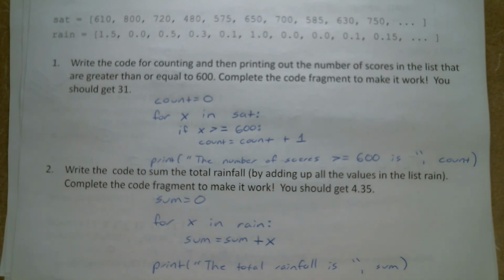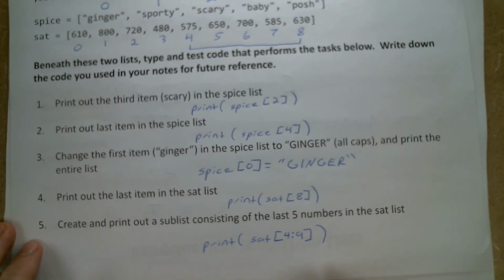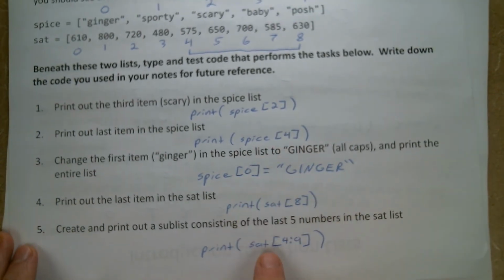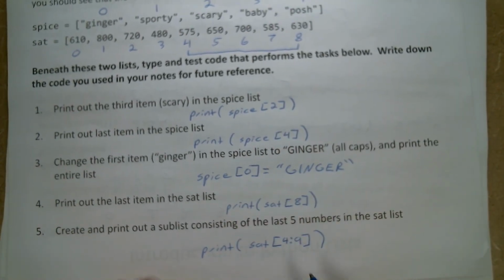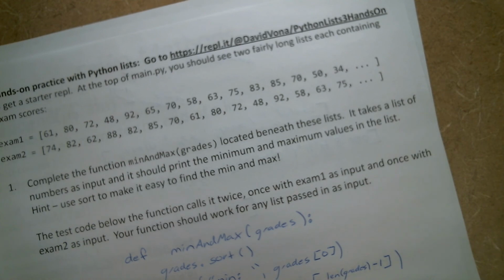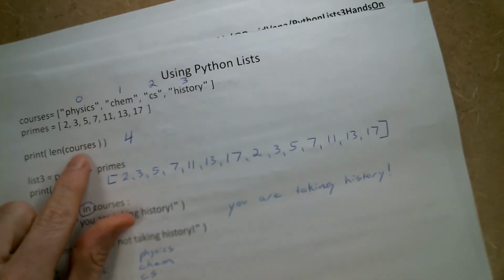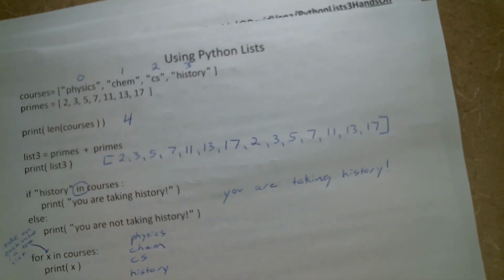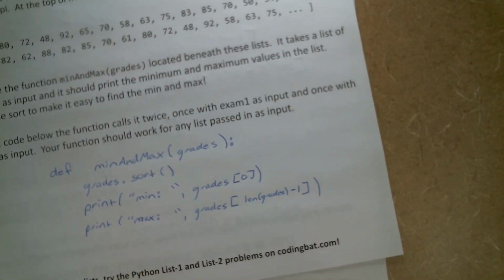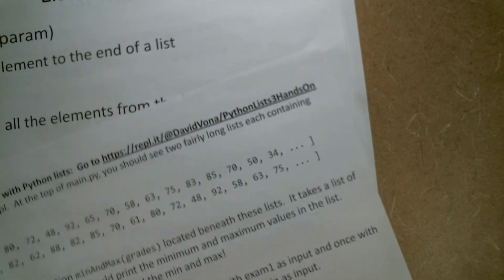And then this idea of accessing individual elements of the list, using the bracket syntax to access individual elements. You can do sublists. You can do the length of the list. If you do length of the list minus 1, that'll always give you the last element. So things like that are what you want to focus on.